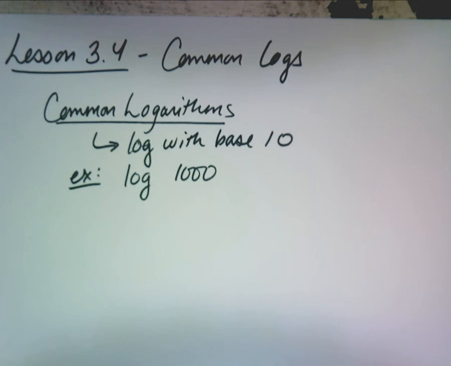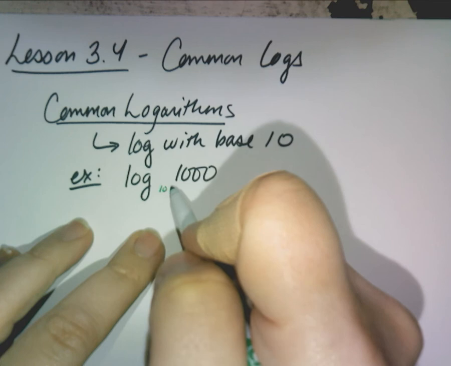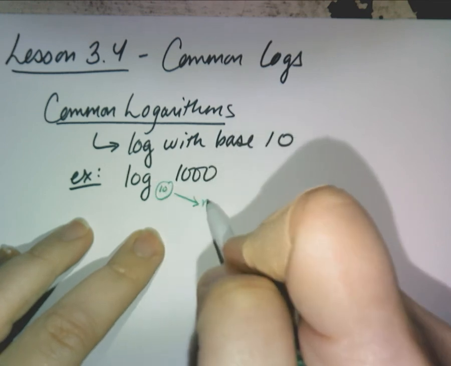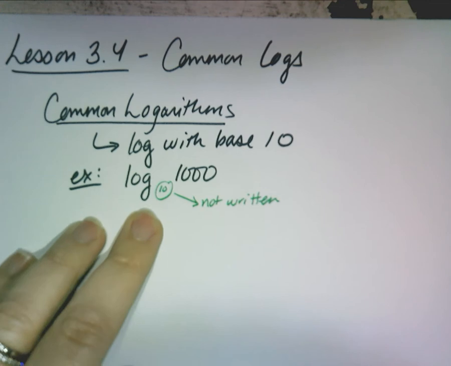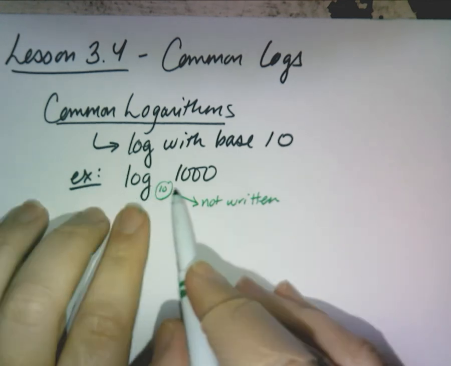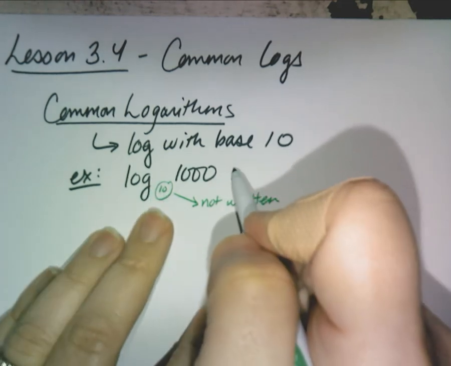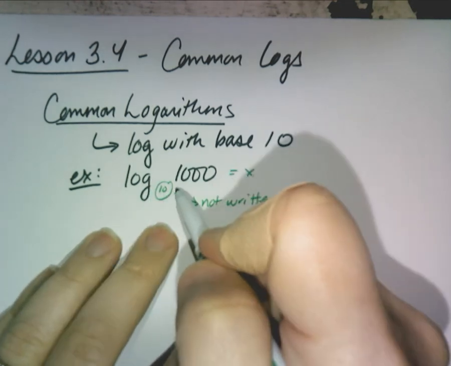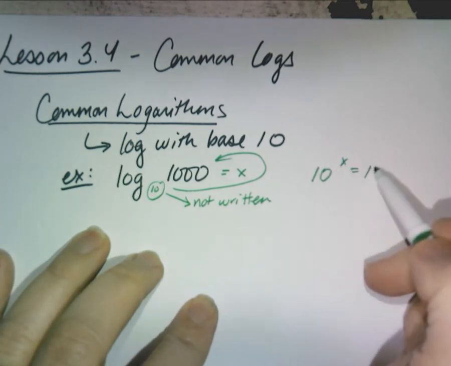But what does this really mean? So again, there is an understood 10 right here, but it's not written. If you were to solve this, what is log 1000? Remember, you could set it equal to x, so 10 to the x equals 1000.